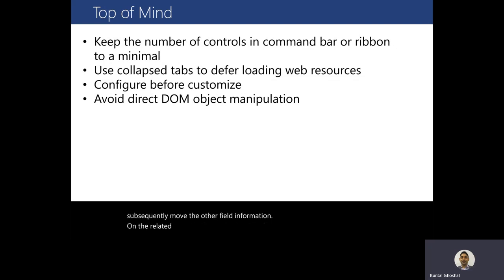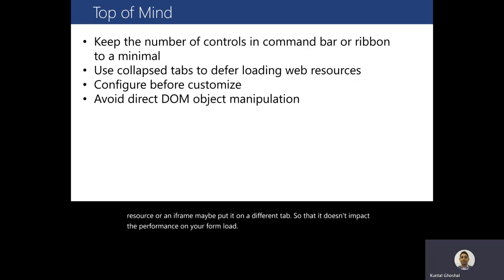The reason is the tabs are loaded asynchronously, so your form performance will be much faster. Similarly, if you have a web resource or an iframe, maybe put it on a different tab so that it doesn't impact the performance on your form load.